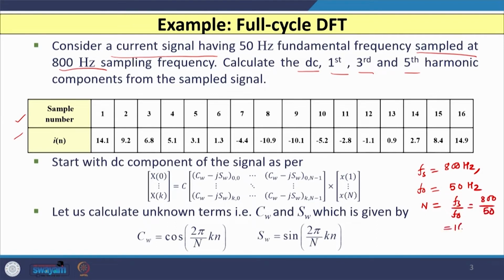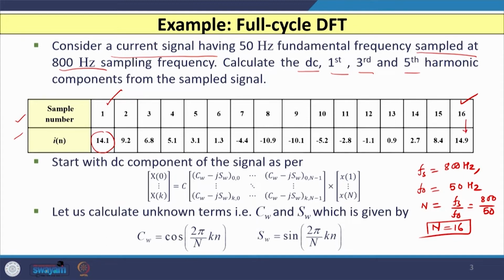It comes out to be 16 samples in one cycle. That is why the sample numbers are given from 1 to 16. Let us say when we acquired the first sample, the value of that current quantity is 14.1. Similarly, the values of the other samples up to 16 are also shown in the second row.